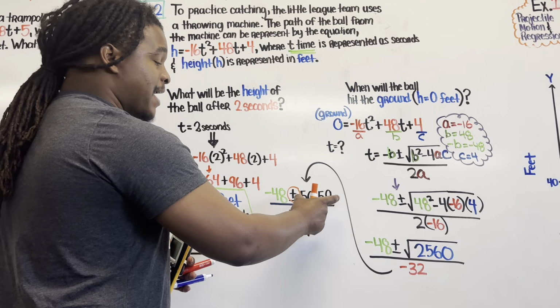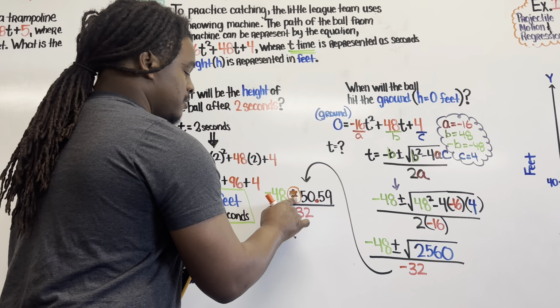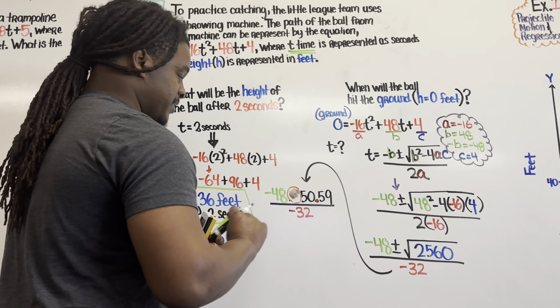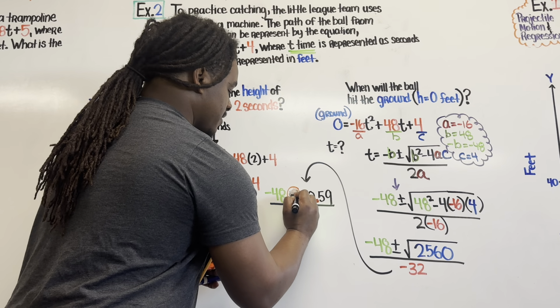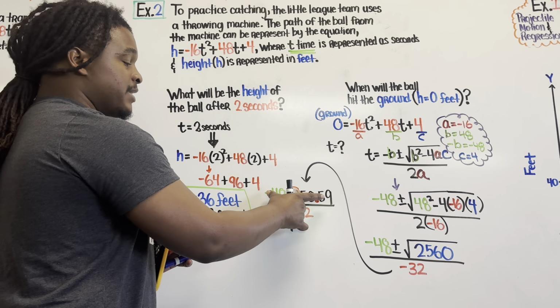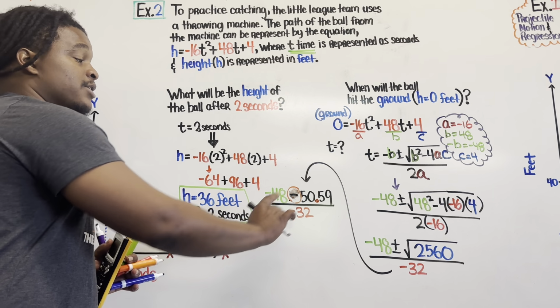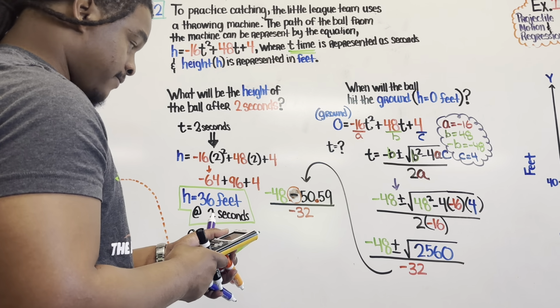There's no way we can have a negative time, right? So what we have to do is subtract 50.59 from negative 48, which will still be a negative, and then a negative divided by a negative is a positive, right? So we're just going to subtract. Let's do that, guys.